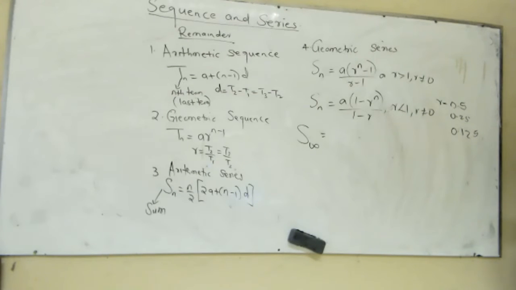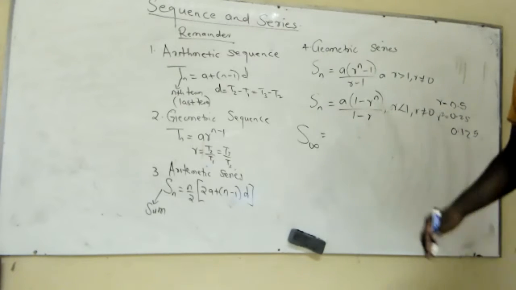So now, r equal to 0.5, but r squared is 0.25.